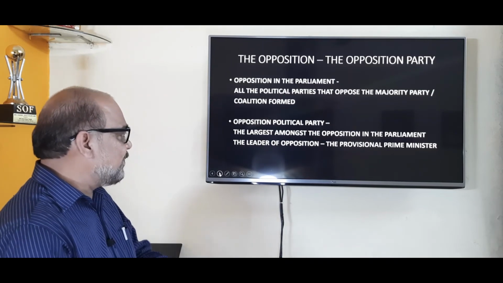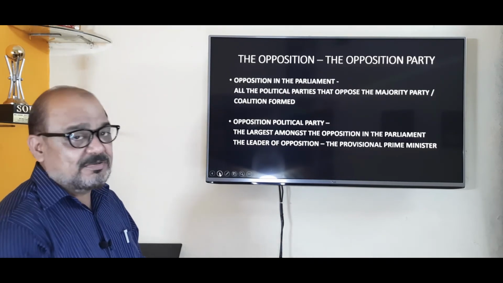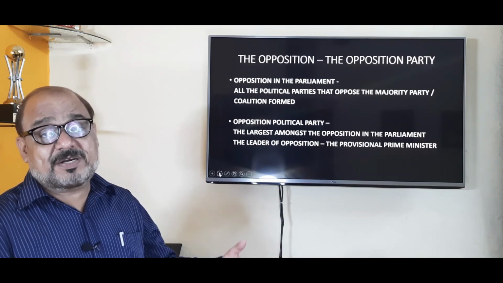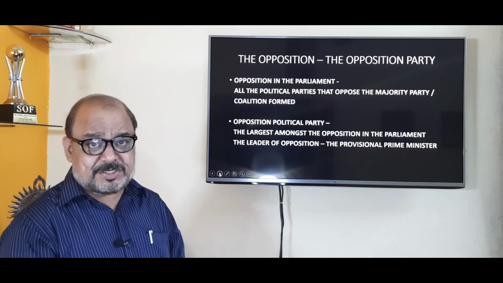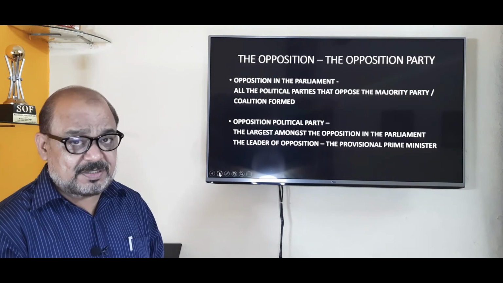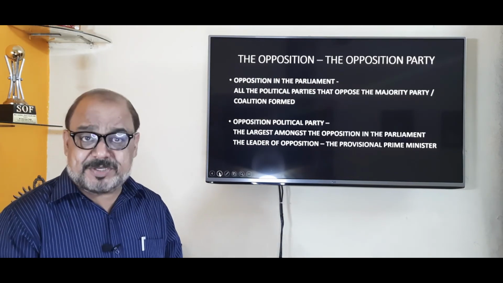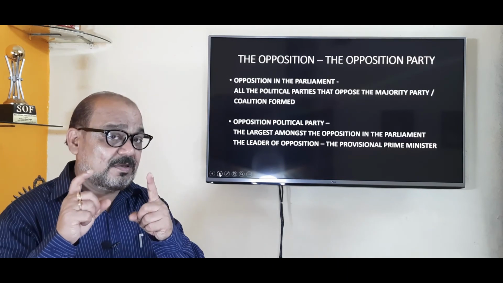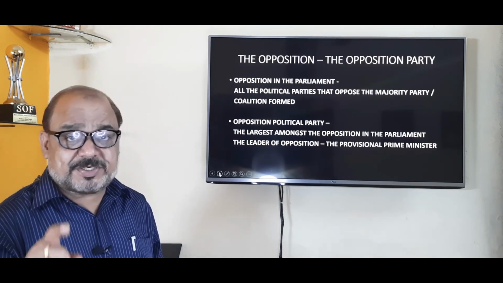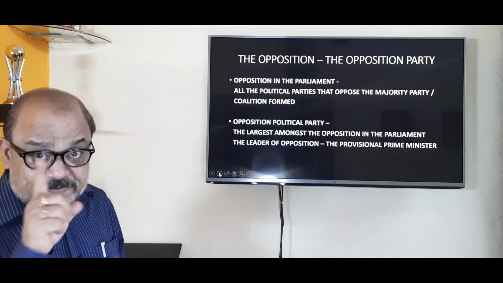And the leader of the opposition has got very good reputation in a democratic country, in a parliamentary democracy. We consider the leader of opposition as the provisional prime minister. The role of the leader of opposition is very, very important in a parliamentary form of democracy.